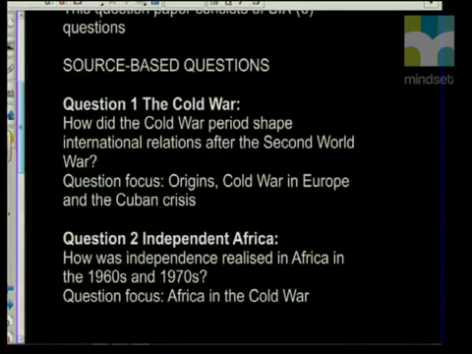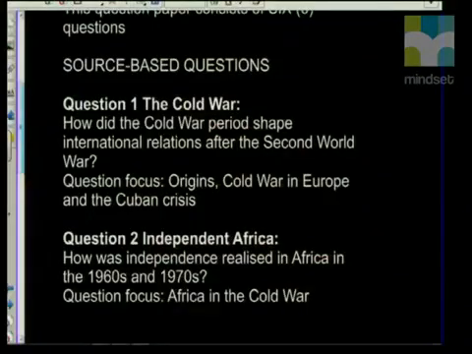The overriding question is, how did the Cold War period shape international relations after the Second World War? You already know that because that's the theme you're dealing with. But then the focus questions will be the origins of the Cold War in Europe, and the Cuban crisis. So in today's lesson, we'll be focusing on the Cuban crisis.